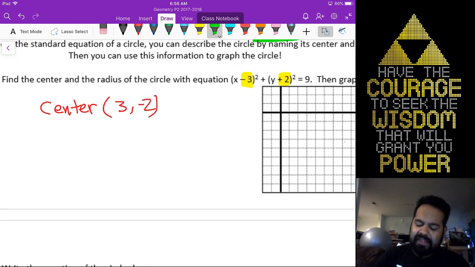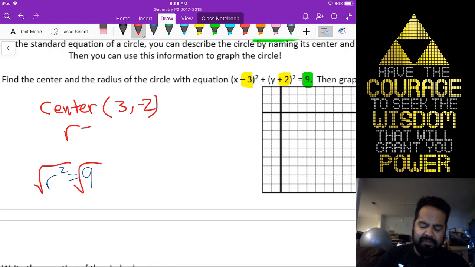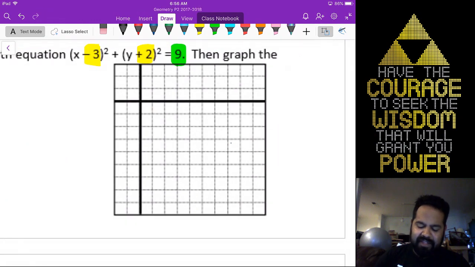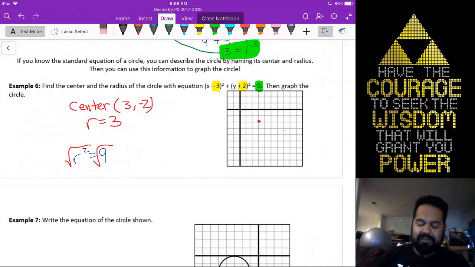Now I look at this number here. My radius squared equals 9. So therefore, when you take the square root of it, r equals 3. Now, just as we've emphasized many times, your radius is the same distance from the center of your circle.